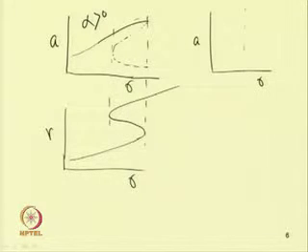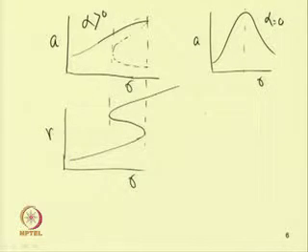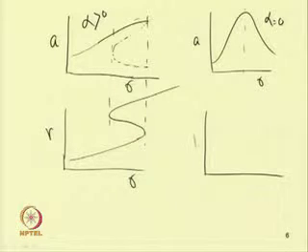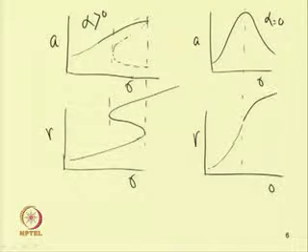Similarly, one can plot gamma versus sigma also, and the response will be like this. So, gamma is the phase and A is the amplitude of the system.